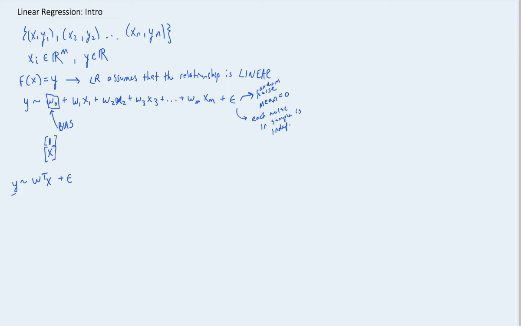So our goal in linear regression is to find the best w that will explain the relationship given some set of data points, xi, yi, i equals 1 to n.